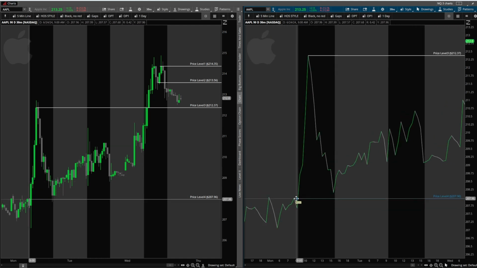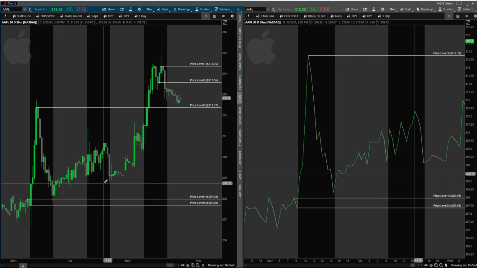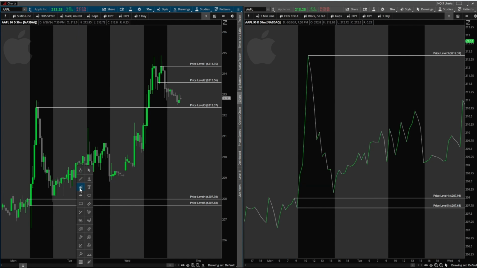Yeah, right here. See how price came back in here, bought up right at the close. Doesn't come back to that. So this 207.68 to 207.98 would be a really key area if it's retested.